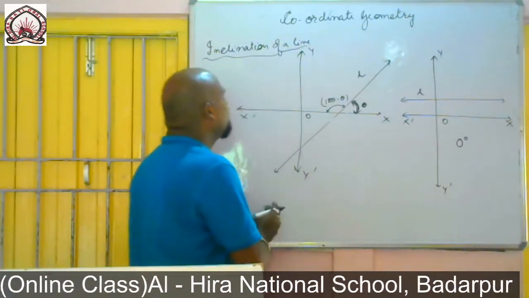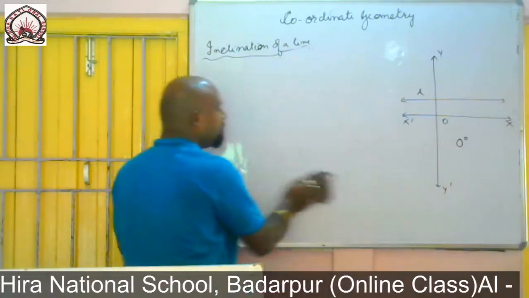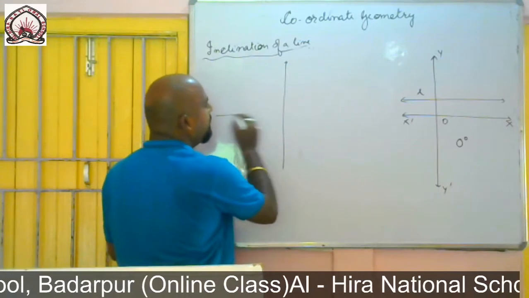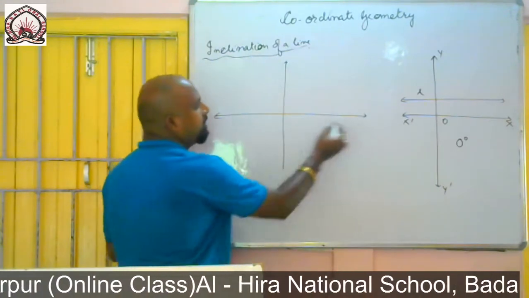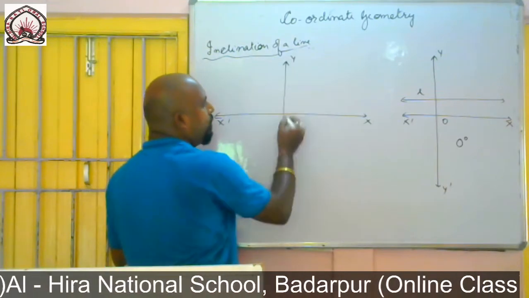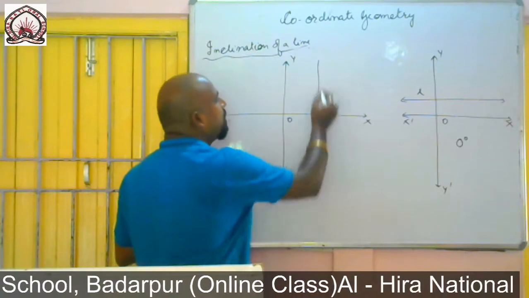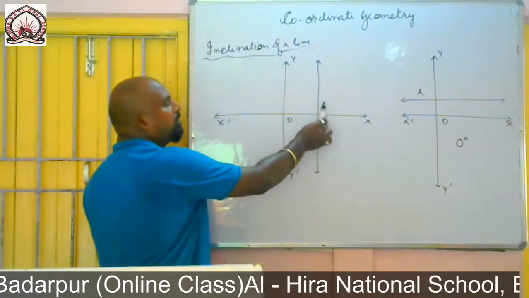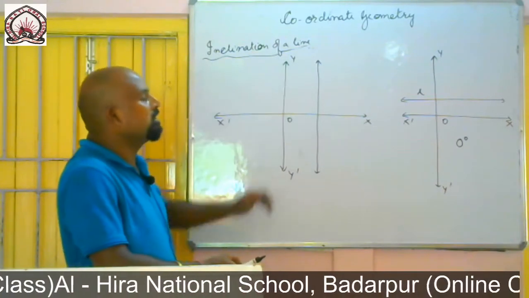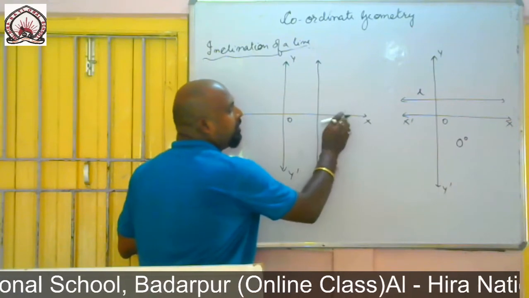Now let us consider this is x o x dash and this one is y o y dash. If a line is parallel to the y axis, then what is the angle made by this line with the positive x axis?